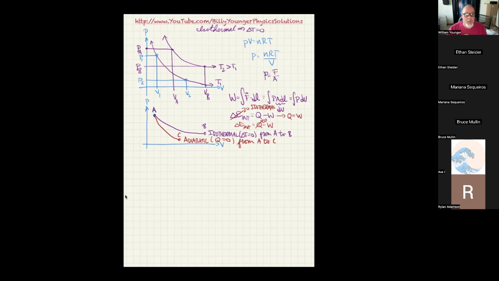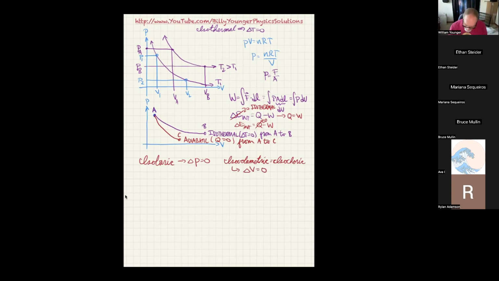Then they go on to talk about an isobaric process. And isobaric, think bars as units of pressure. That means delta P is equal to 0. And then there's isovolumetric, also called isochoric. This one implies delta V is equal to 0.